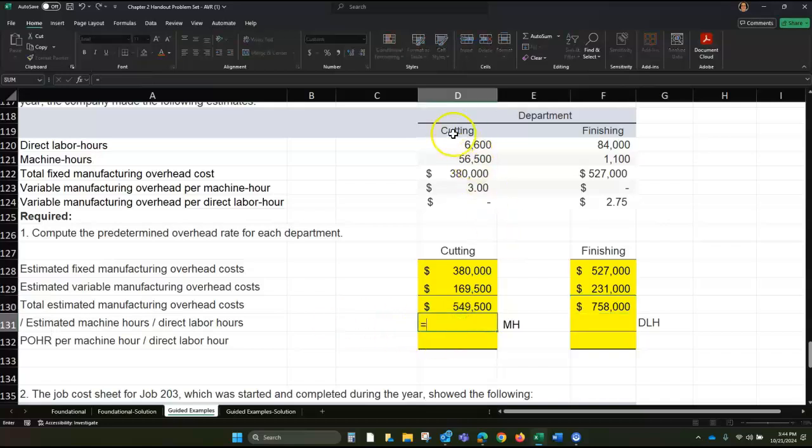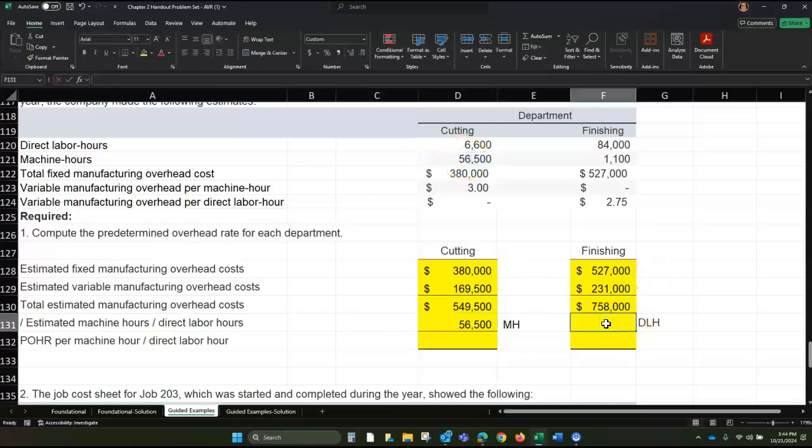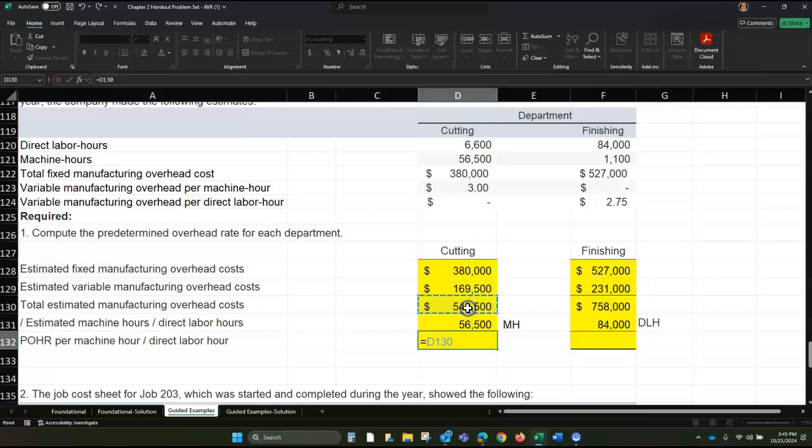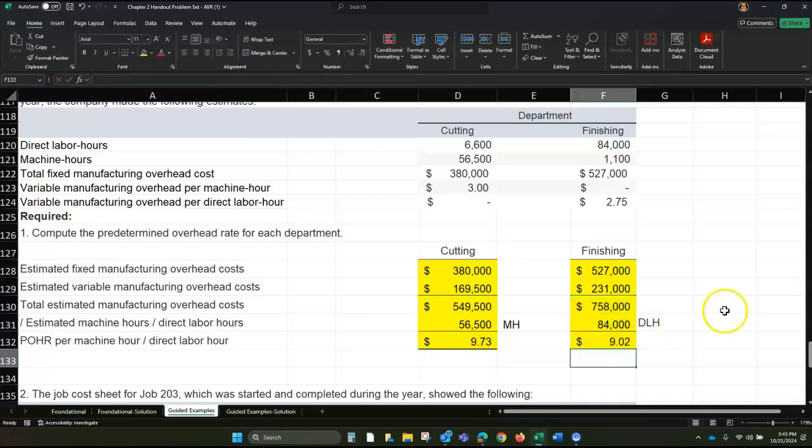So again, pick up those machine hours, not the labor hours. Over in the finishing department, we're going to pick up machine or labor hours? Labor. And now we just simply take the total cost divided by the machine hours and total cost divided by direct labor hours.